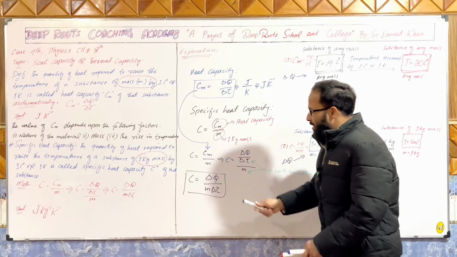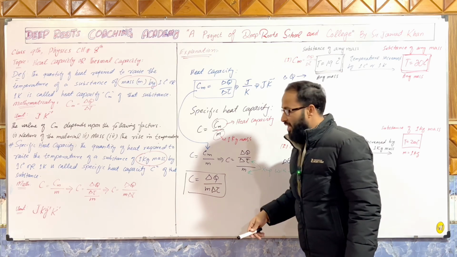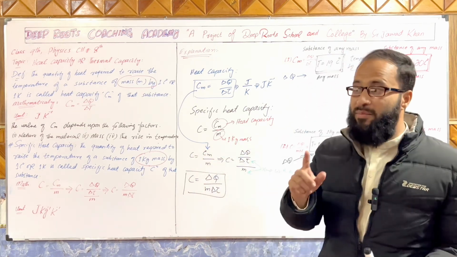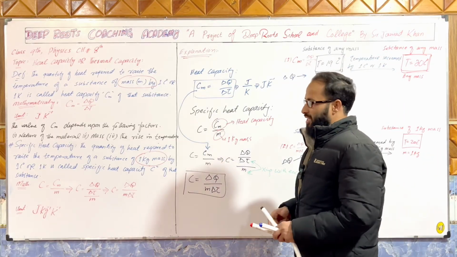Here Q represents the heat, T represents the temperature, and M represents the mass. Keep in mind that it will be 1 kg mass for the specific heat capacity.